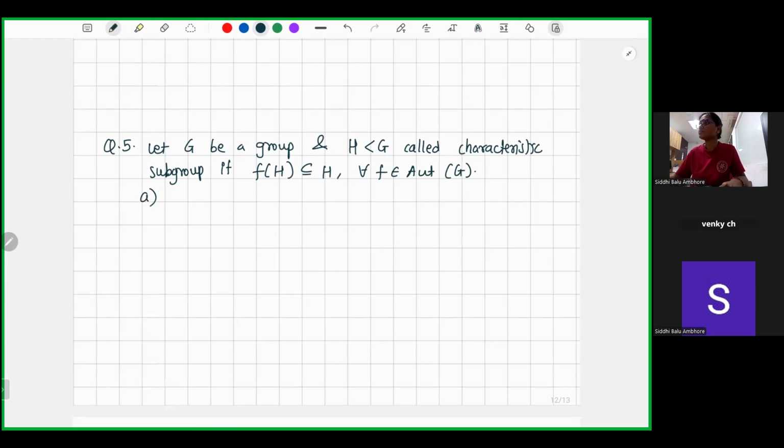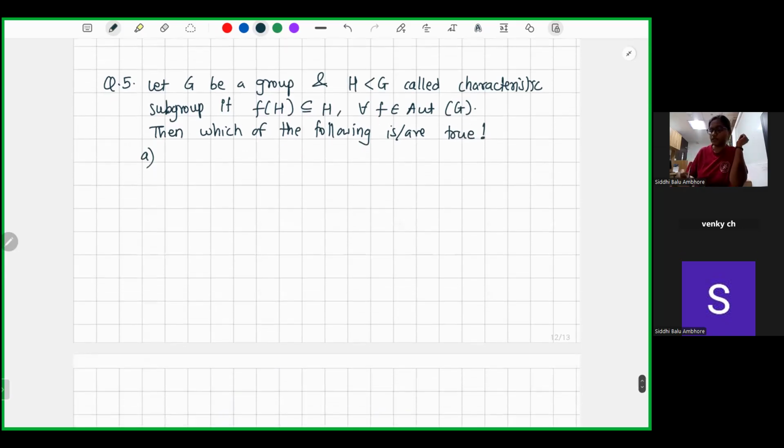Then we have these statements. Which of the following are true? Okay, we will see how many statements we can prove or discuss.